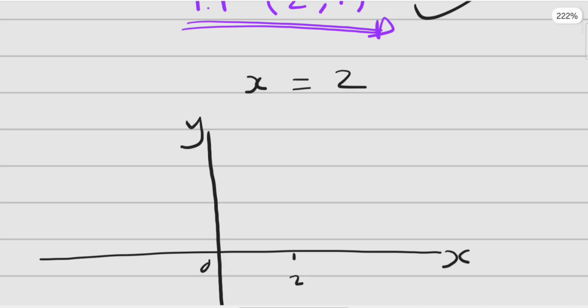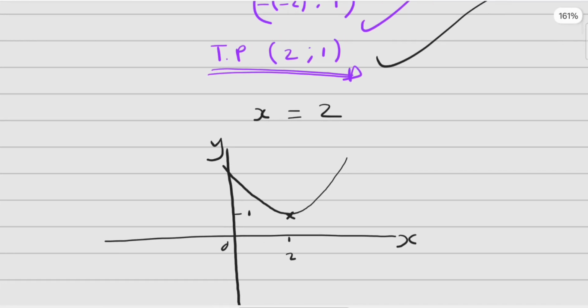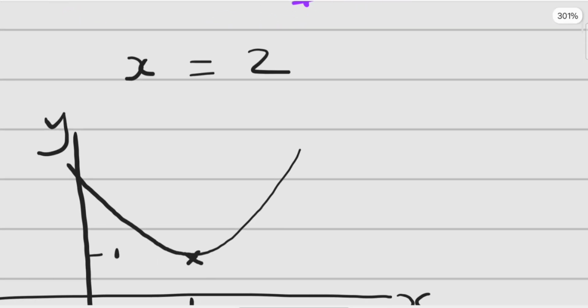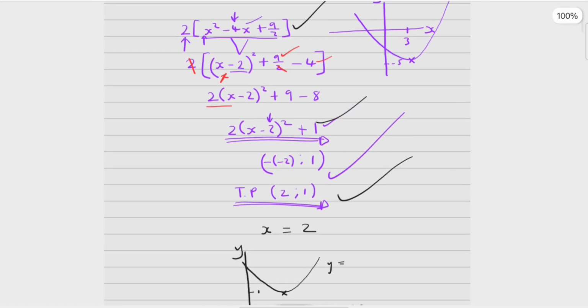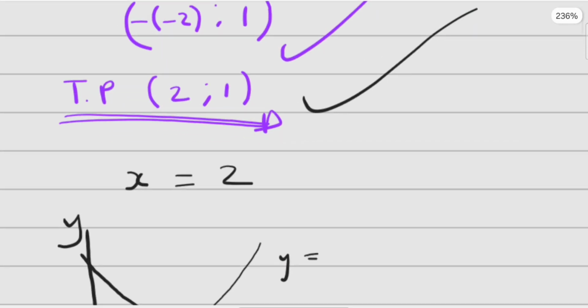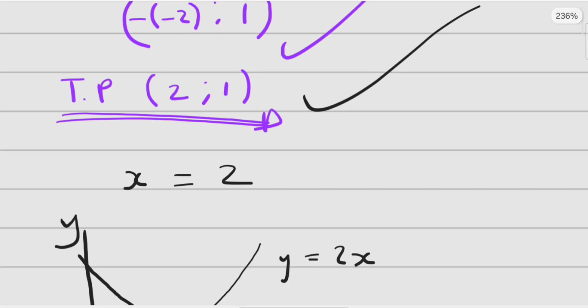So your 2 and your 1, you put a point, you know your graph is facing up like this, right? This is the general look of the graph. Then you write y is equal to 2x squared minus 8x plus 9.